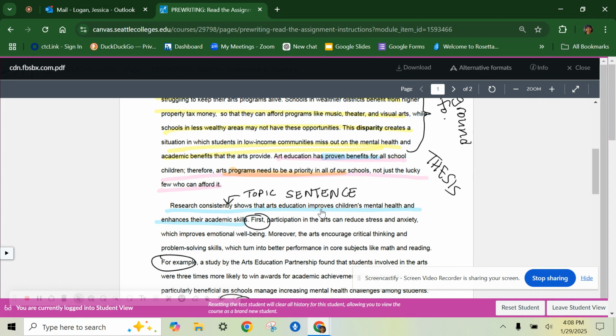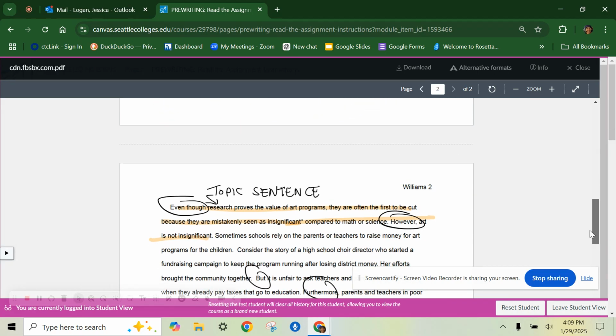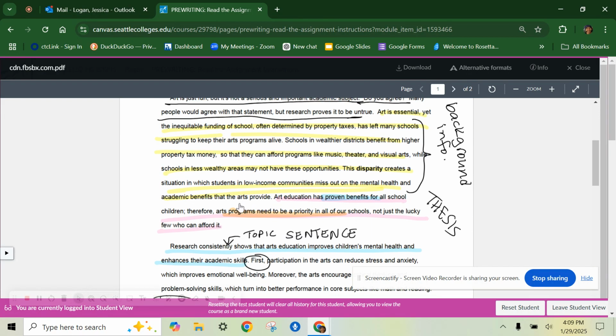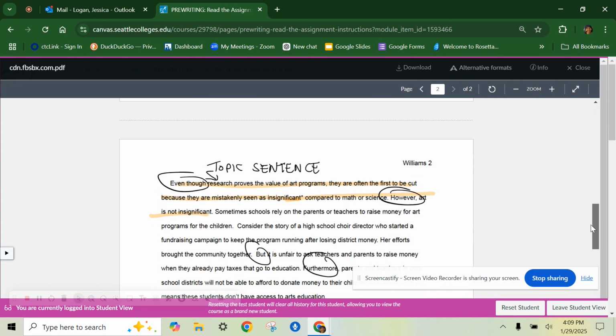Research consistently shows that art education improves children's mental health and enhances their academic skills. So here we can see those are the proven benefits. And now the writer is going to explain and give examples. Art programs need to be a priority in all of our schools.